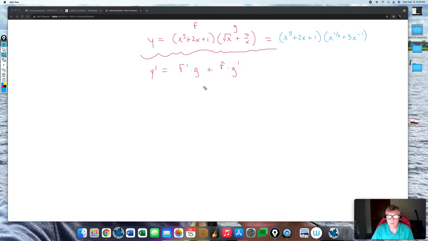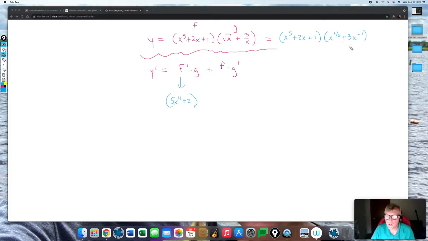Okay, so f prime I can do real fast. Let's see, f prime is 5x to the 4th plus 2. Think about why it's 2 for a minute. Move the 1 down. X to the 0 is 1, right? And the derivative of any constant is 0, so it's 2 plus 0, right?